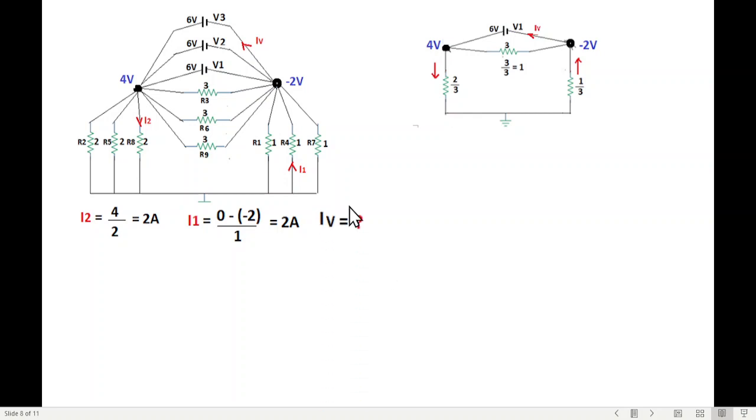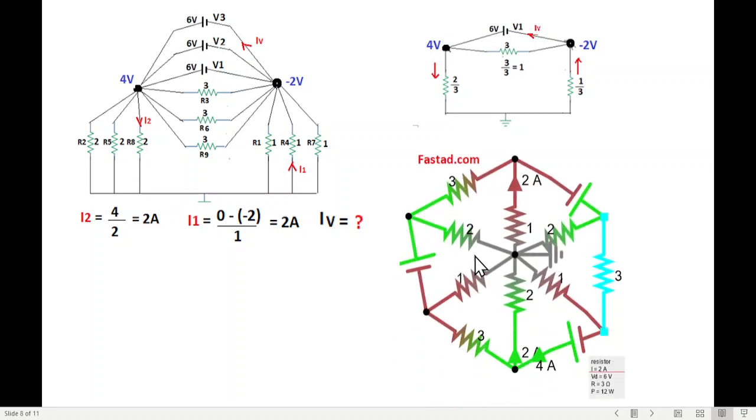The question is, what is IV? Now this was very puzzling for me. I could not guess an easy way to find this current. So I took help of the first-order simulation circuit, and I connected current meters, and you can see the battery current is showing to be 4 ampere.